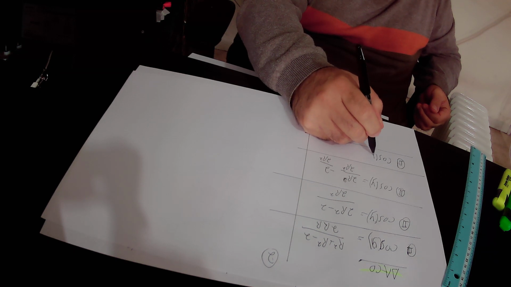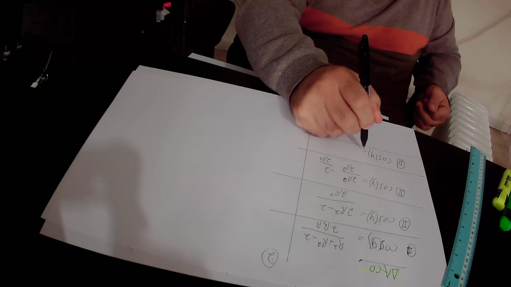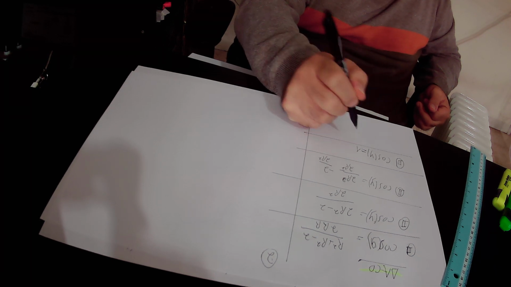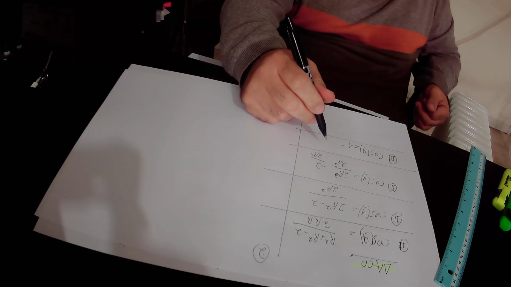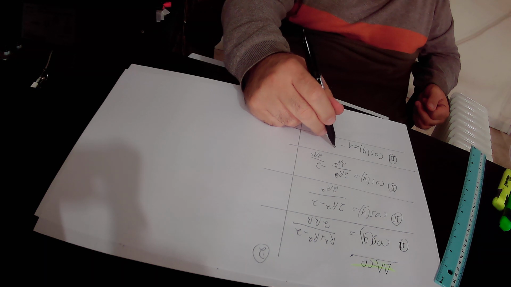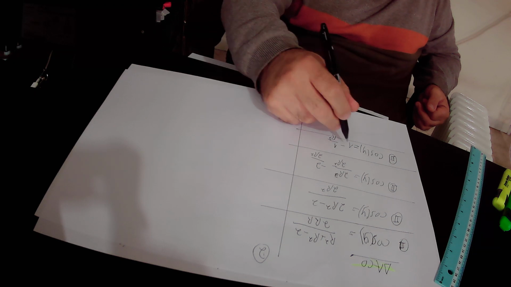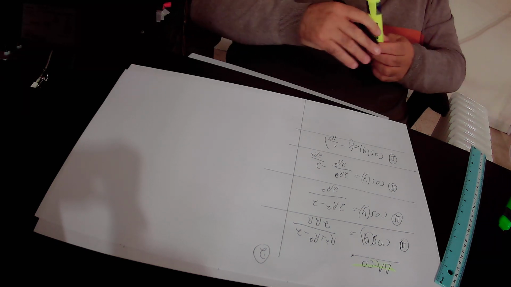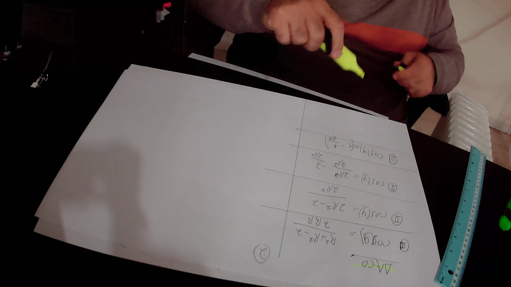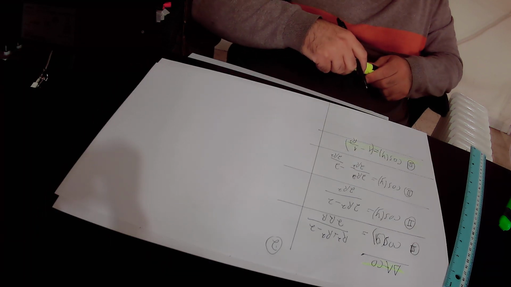So cosine y equals 1, and minus 2 over 2 is minus 1, so in the numerator we have minus 1 over r squared. So actually, according to equation number 2, cosine y equals 1 minus 1 over r squared.